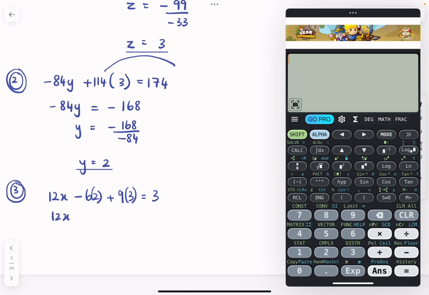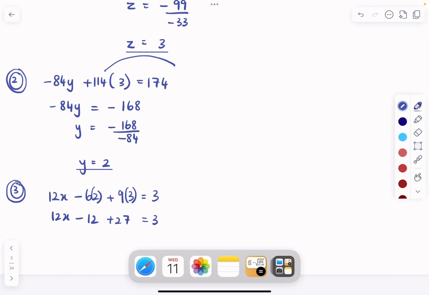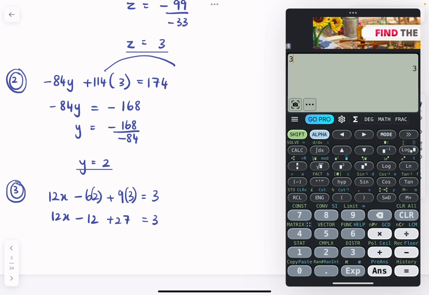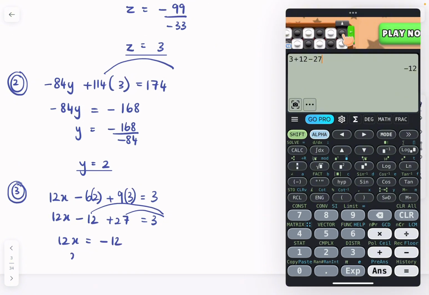So we put this in our calculator. 12x equals to 3. Actually, no need to write. You want to do it one by one? Okay, let me just show you one by one. So negative 6 times 2 is negative 12. 9 times 3 is 27. So you put in your calculator 3 plus 12 minus 27. Okay, we bring all of these to that side. So 12x equals negative 12, which will make x negative 12 over 12.